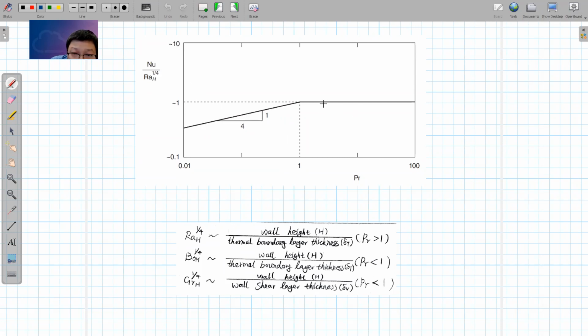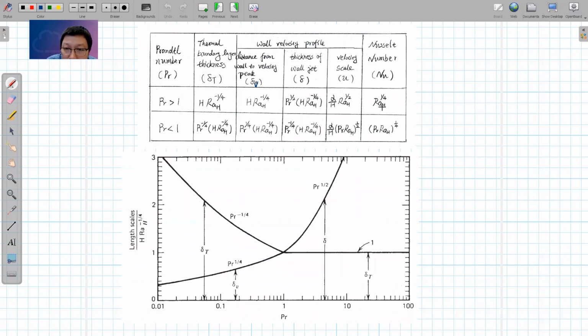And when the Prandtl number is larger than 1, this value will be just equal to a constant, because of the result we had in the previous one, these two results, the Prandtl number times this one, these two results just join there.